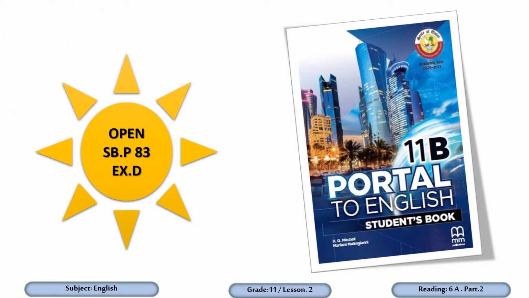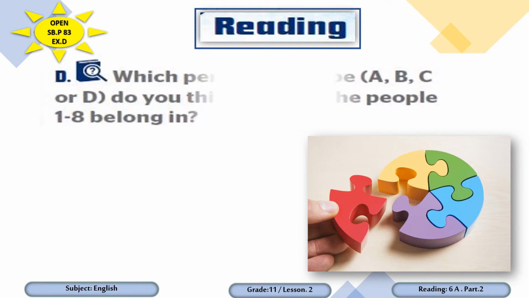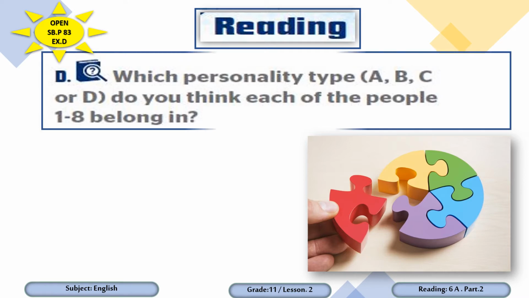Dear students, now please open student's book, page 83, exercise D. Please make sure that you're opening your student's book on page 83, exercise D. Exercise D. Which personality type, A, B, C, or D, do you think each of the people 1 to 8 belong in?